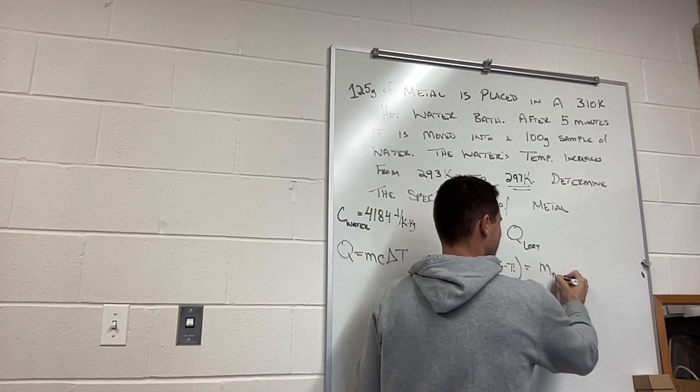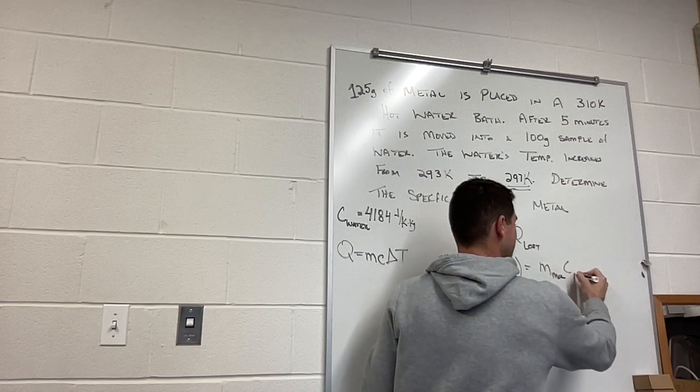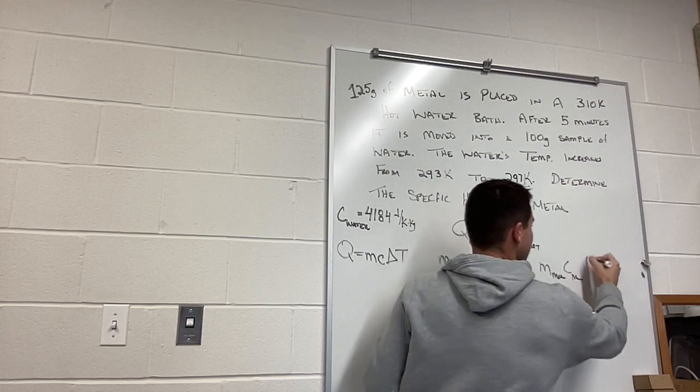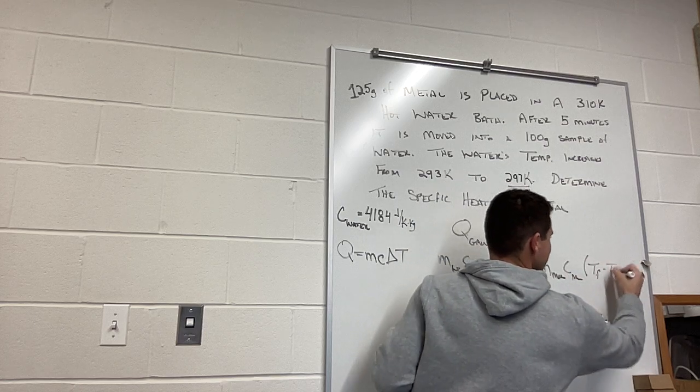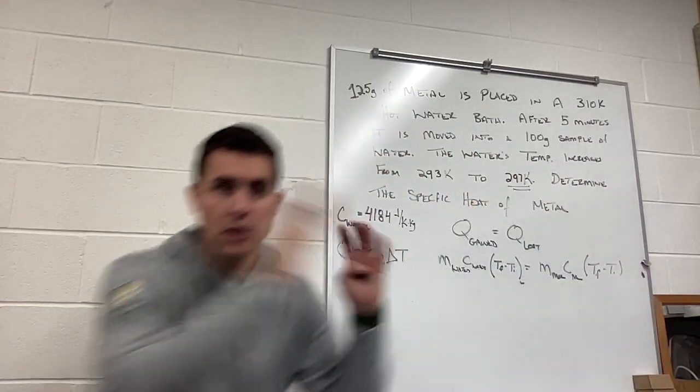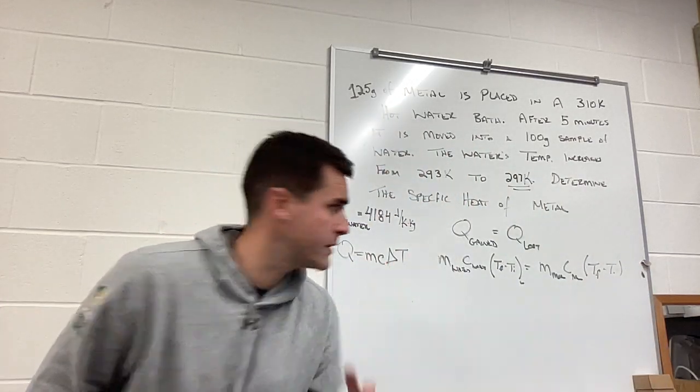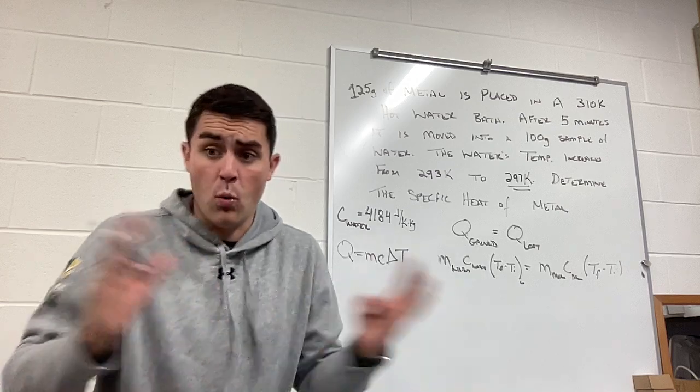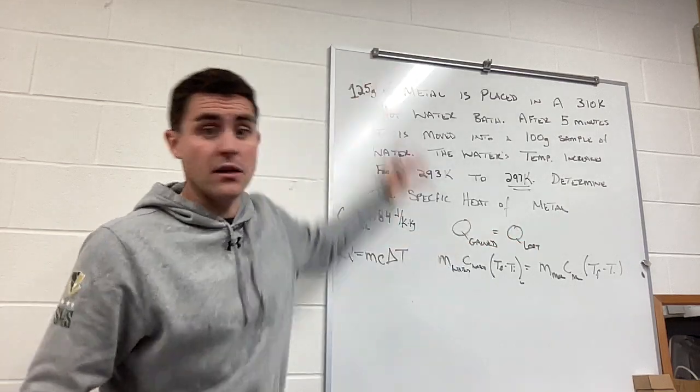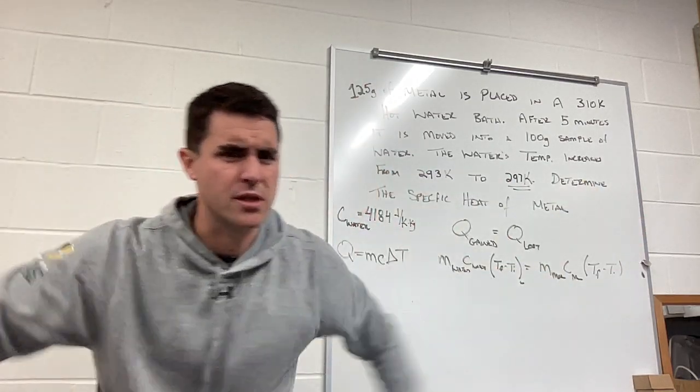That equals the mass of the metal times the specific heat of the metal times final minus initial. Okay? So far, so good? We clear on this? Once I'm here, I've got the numbers. Let's just plug it all in. But let's talk about where the numbers come from first.